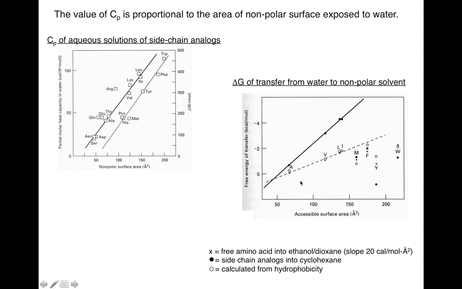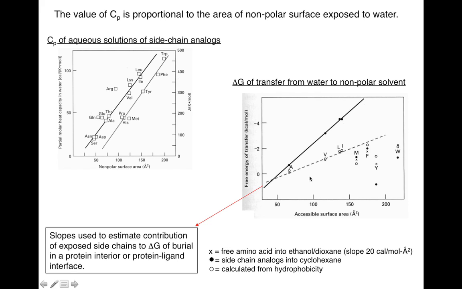Okay, and that function will depend on the solvent from which you transferred it. For example, in the plot with the x's here along this dashed line, that was from an ethanol-dioxane mix into water. This is a more nonpolar solvent, cyclohexane. But the idea is that there's this very strong correlation of the nonpolarity of the amino acid side chain and the free energy of transfer.